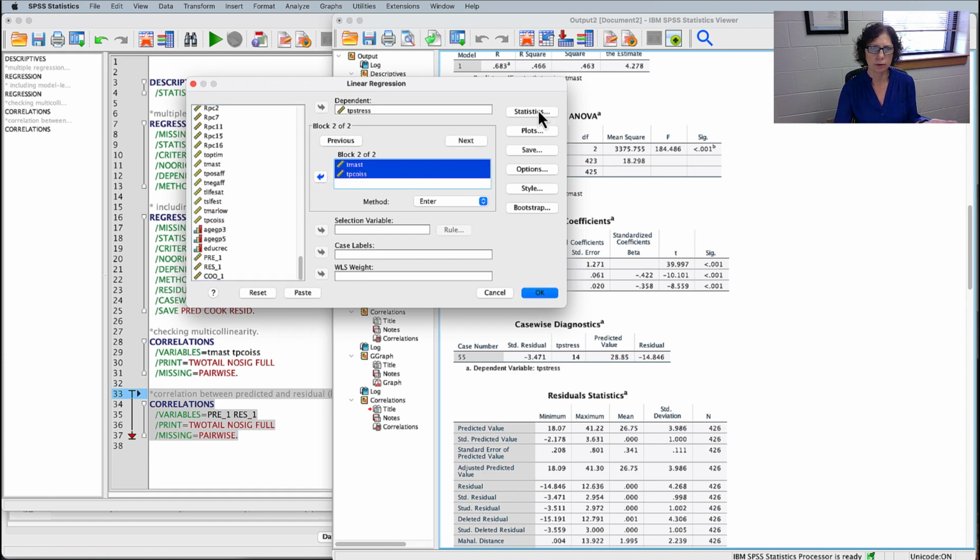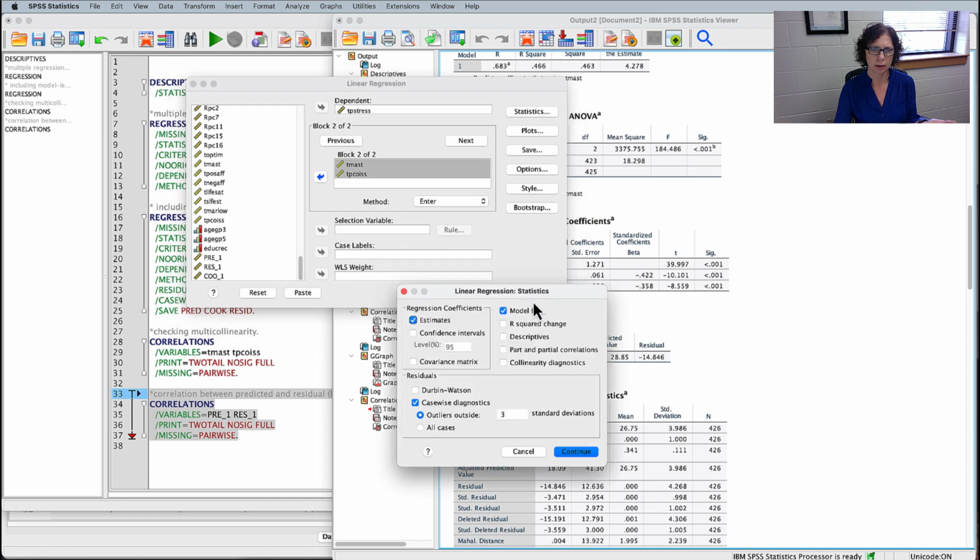We keep most of the other things the same, like our statistics, that we have regression coefficients, model fit. We are asking for casewise diagnostics. We can get the confidence intervals for the regression coefficients. That's another way of telling the reader about the coefficients.